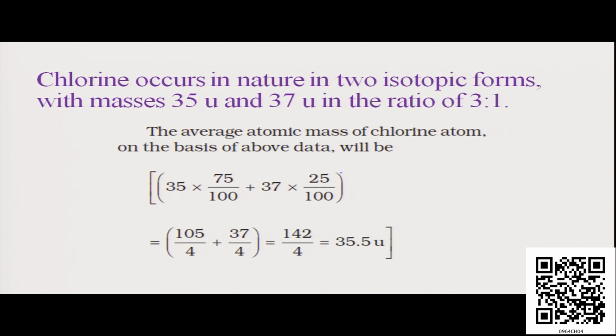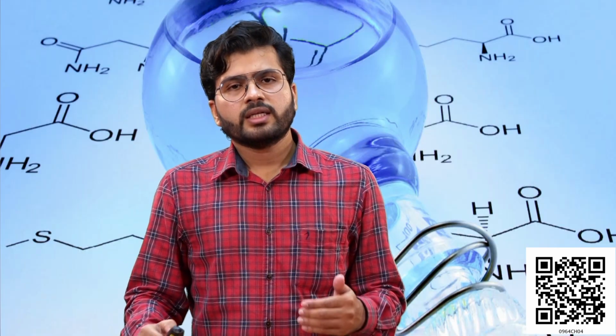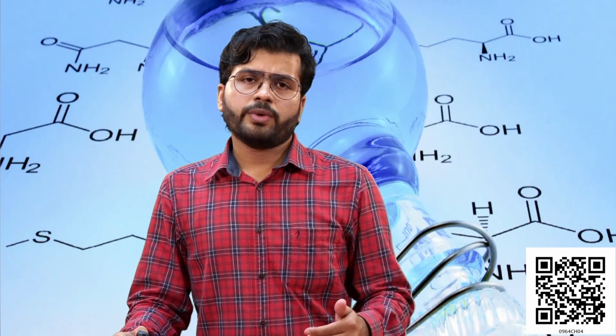As you can see on the slide, 35 multiplied by 75/100 plus 37 multiplied by 25/100, and when you solve it, the result will be 35.5 u, and we use the average atomic mass of chlorine as 35.5 u. This is how we can calculate the average atomic mass of different elements which have isotopes.